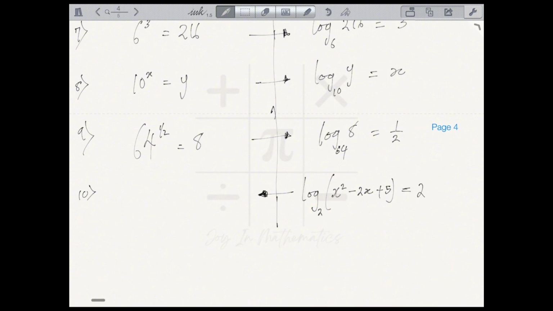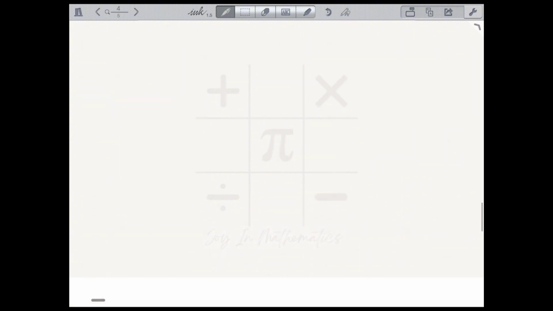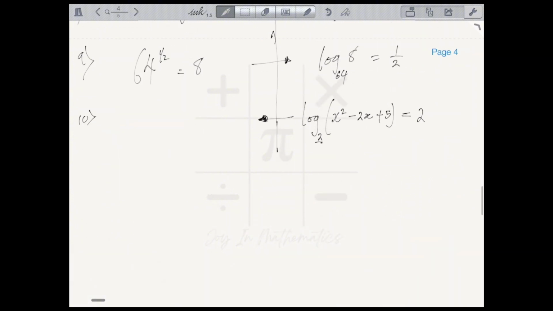So we know that base raised to the power of index is equal to the number. So the base is 2, raised to the power of index, the index is 2, is equals to the number x squared minus 2x plus 5.